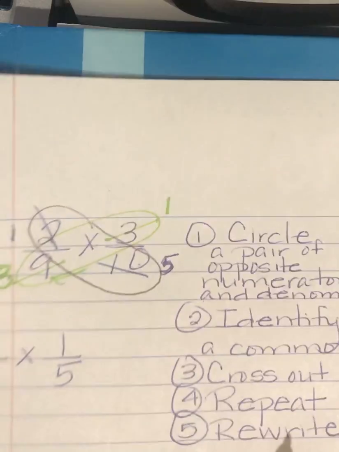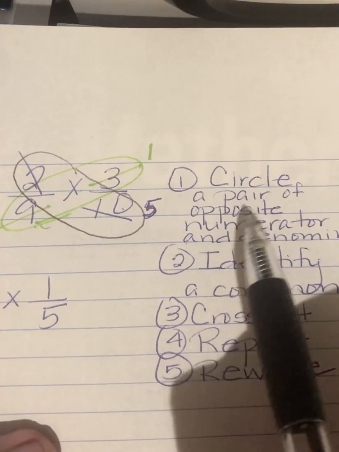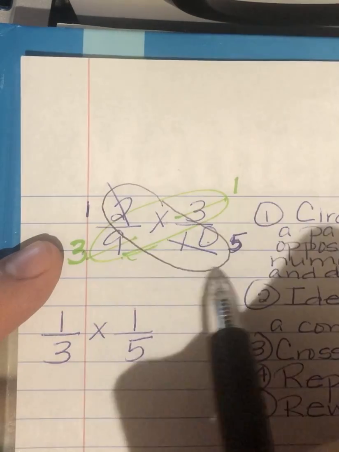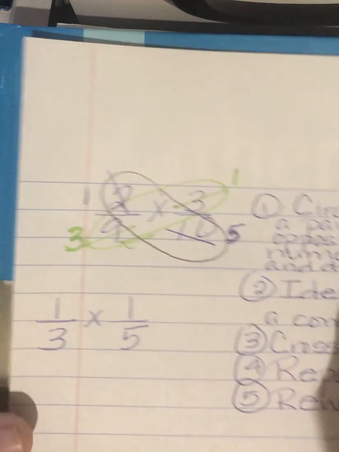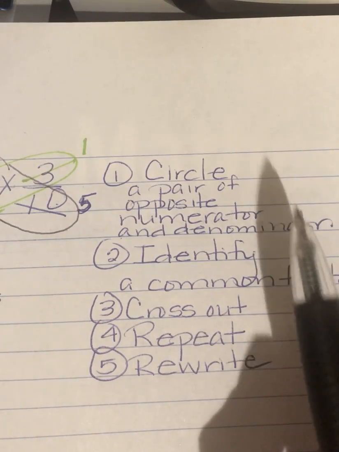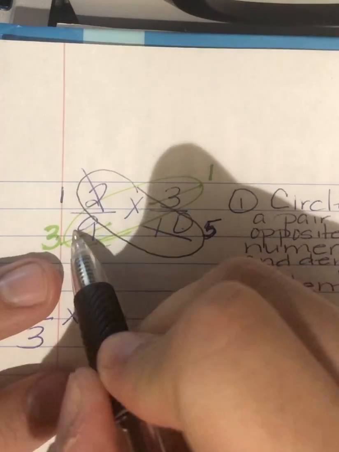Okay, remember the steps. Step 1, you circle a pair of opposite numerator and denominators. It doesn't matter where you begin. After you circle, you think, okay, well, is there a common factor that they both have in common? If they do, you cross out.